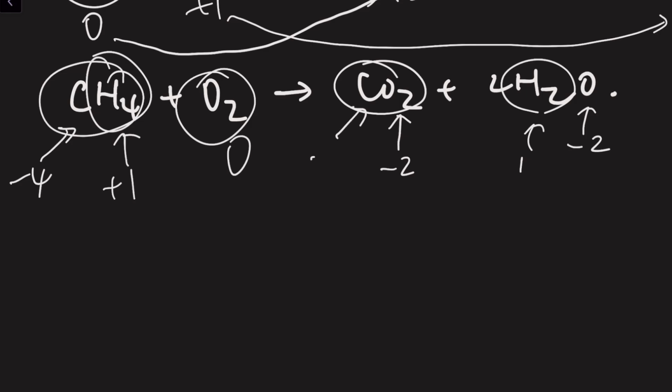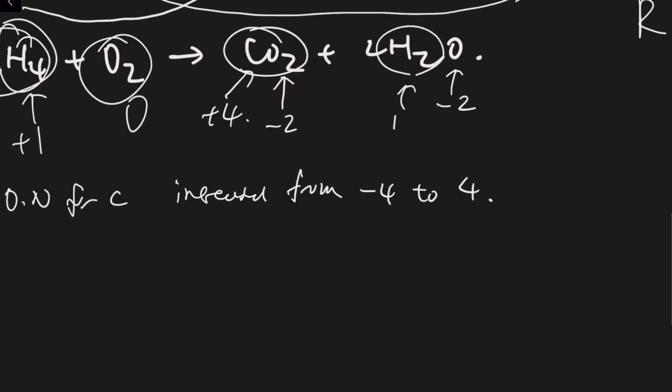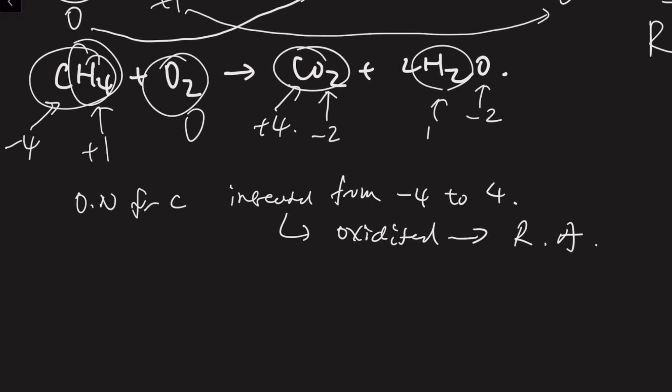So it must be +4 oxidation number for carbon to balance out the negative oxidation number of 2 oxygen atoms. So the oxidation number for carbon increased from -4 to +4. Increase means it is getting oxidized, which we know is true as fuel always gets oxidized. Hence, it is causing other stuff to be reduced. So it is the reducing agent.